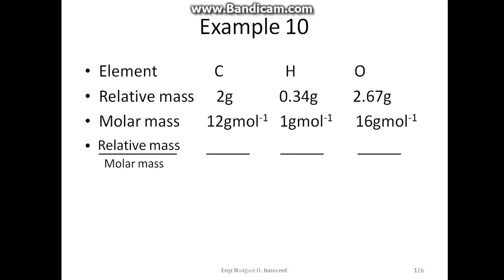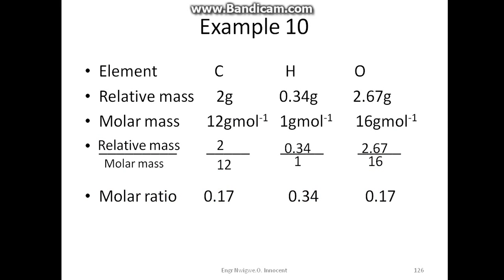To find the molar ratio, you say the relative mass over molar mass, which gives us, for carbon, 2 divided by 12. For hydrogen, 0.34 divided by 1. For oxygen, 2.67 divided by 16. Therefore, the molar ratio is 0.17 for carbon, 0.34 for hydrogen, and 0.17 for oxygen.